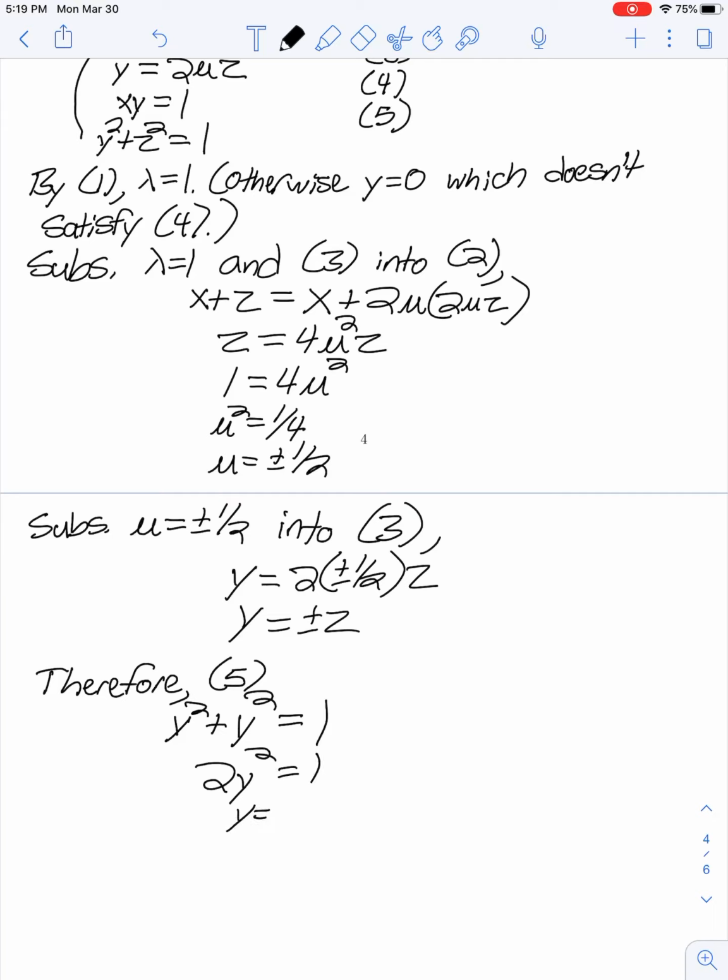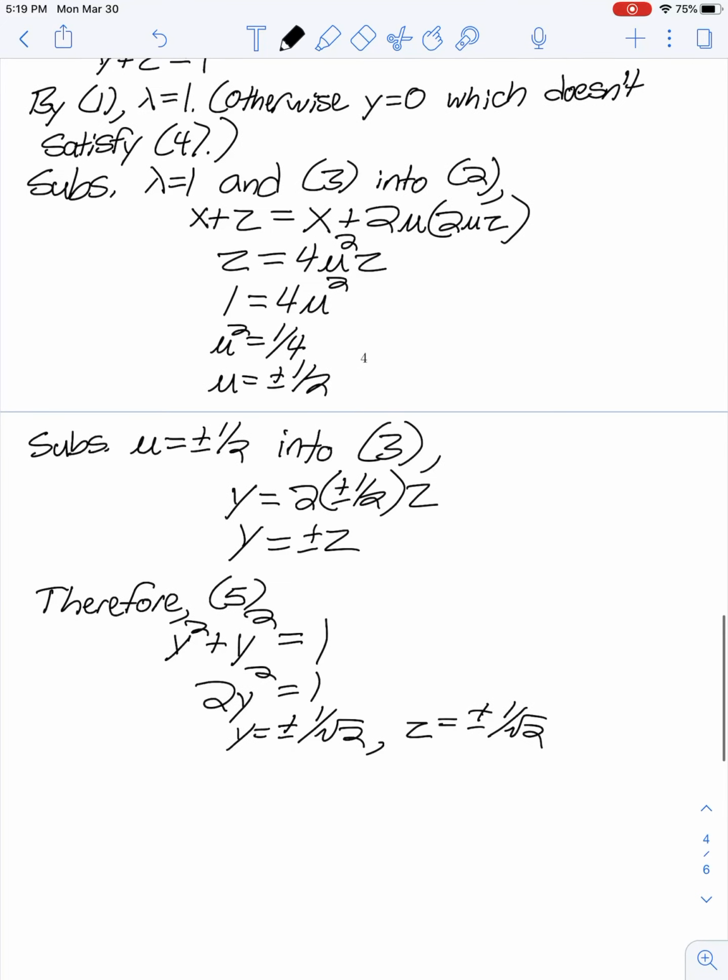So we have 2y squared equals 1. Y is then therefore plus or minus the square root of 1/2, or 1 over root 2. And z was equal to plus or minus y, so z is then also plus or minus 1 over the square root of 2.